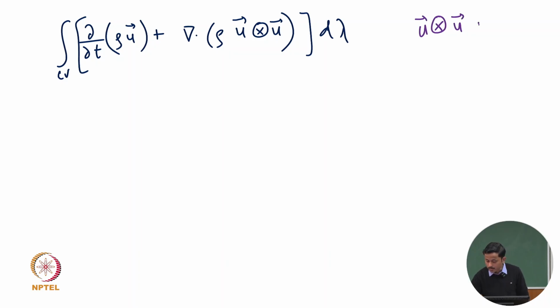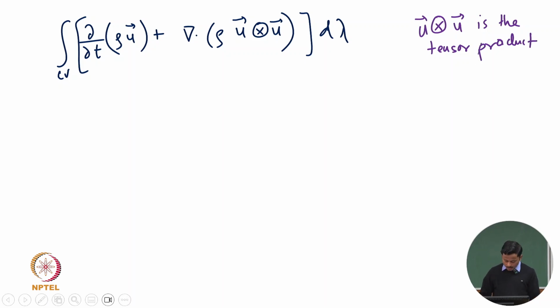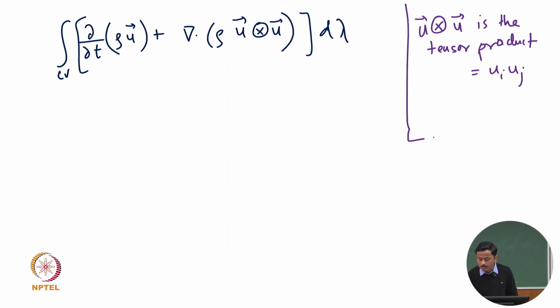So this is the tensor product, and this is equal to ui uj. So this is a matrix. So I've written this in Einstein notation.